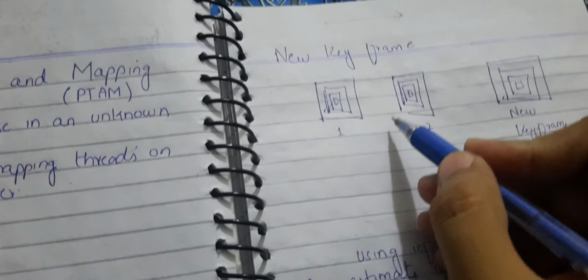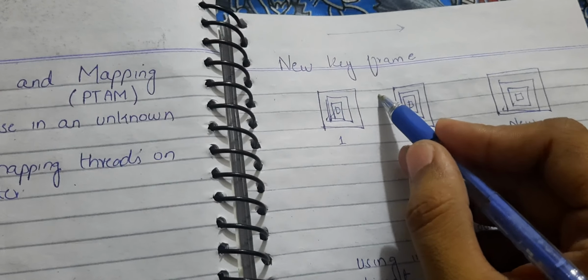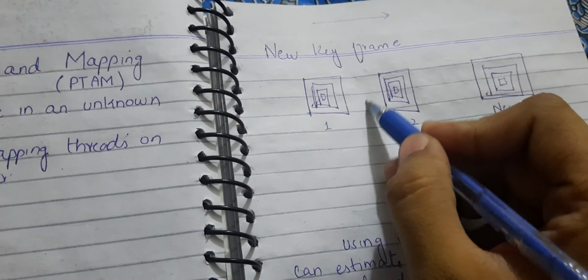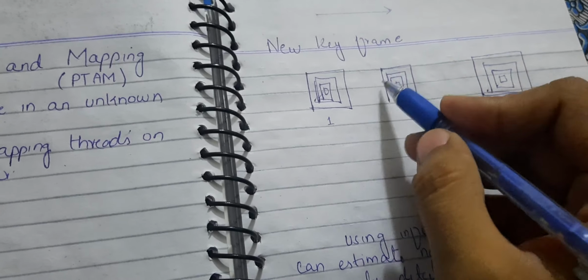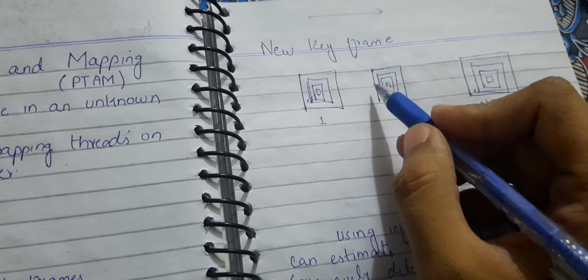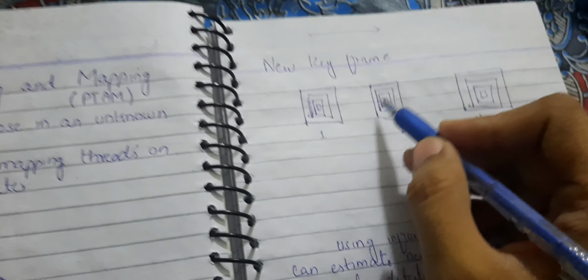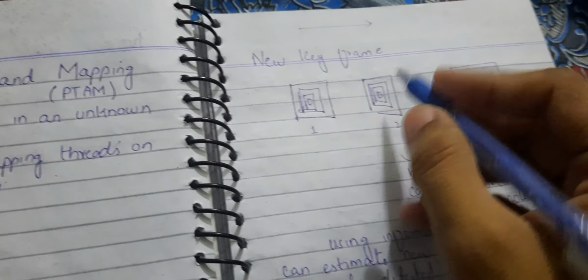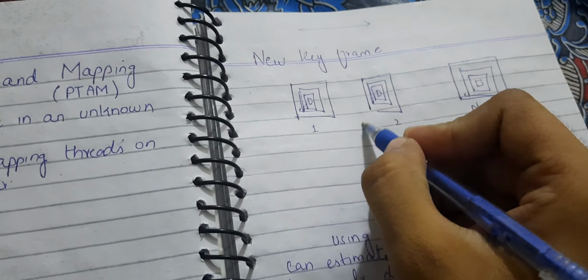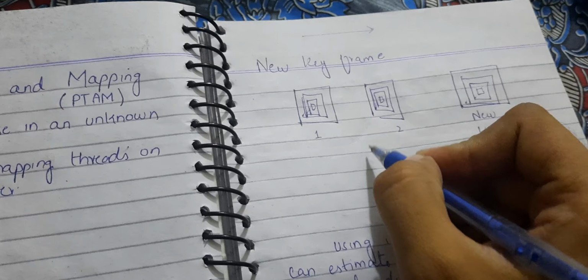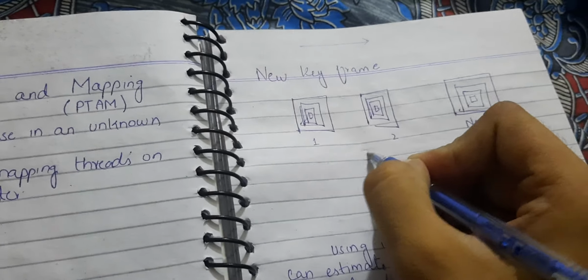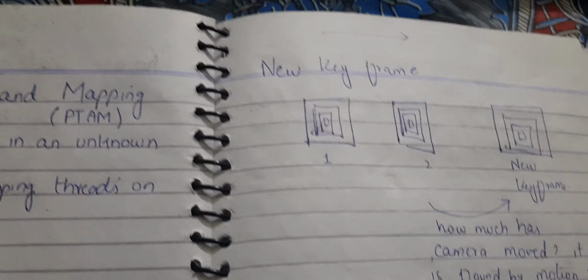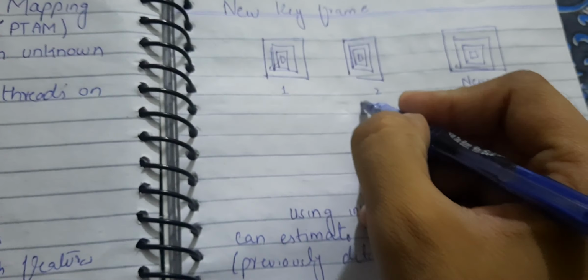Next, as you were tracking your 3D map while building the map, along with that you were obviously keeping track of your pose as well. So for example, let's say previously it was 8.